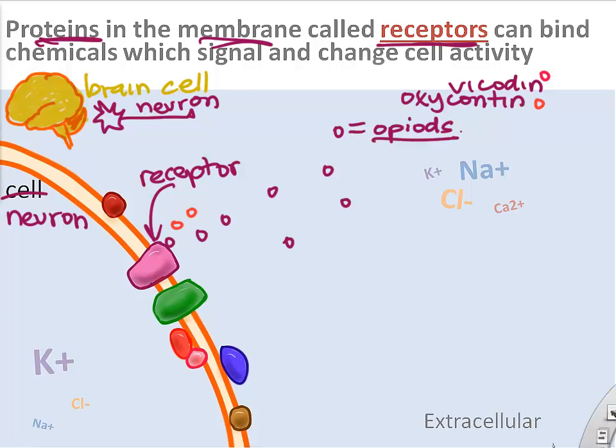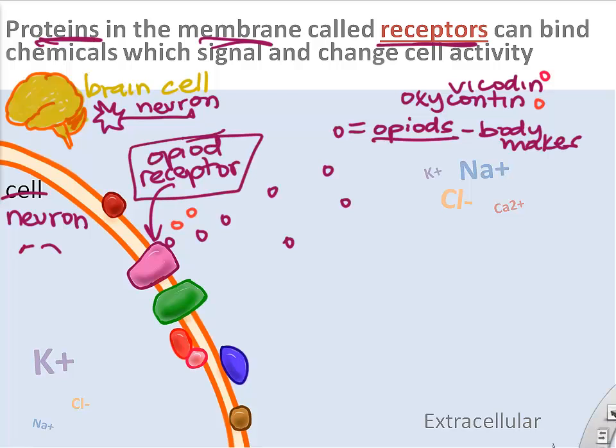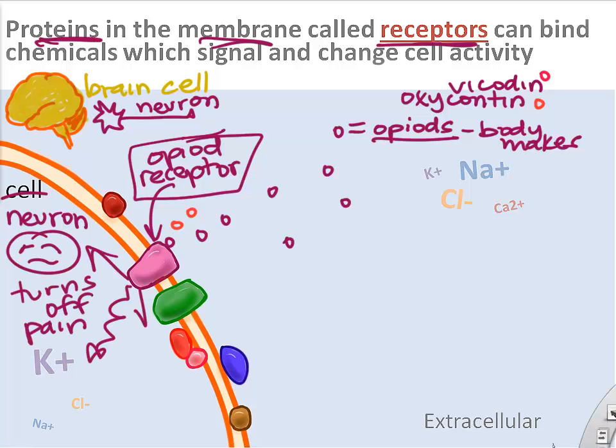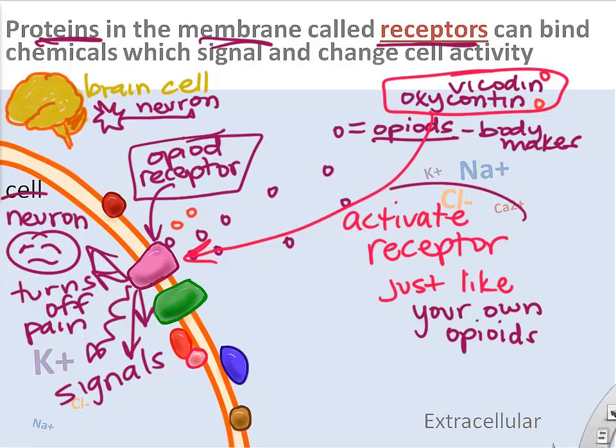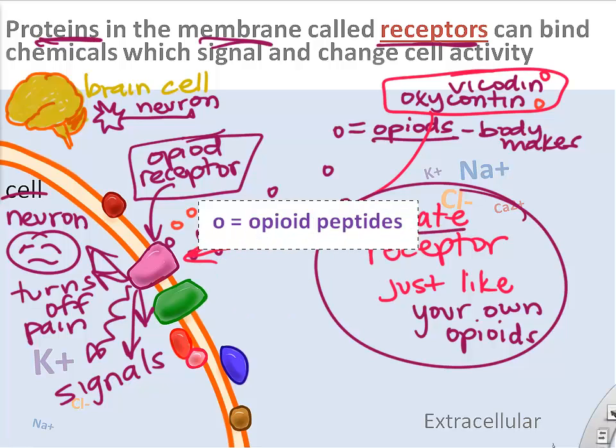These drugs act like your own body's opioids and can bind to the opioid receptor and change the activity of your neurons, and it actually shuts off their activity, which then blocks pain sensation and pain signals in the brain and the spinal cord. So again, your body makes these chemicals. You can take drugs that also activate this receptor in your membrane, and these chemicals then turn off pain. I noticed I was spelling opioids wrong there, so that's the correct spelling.